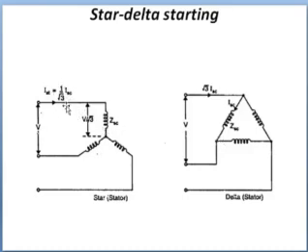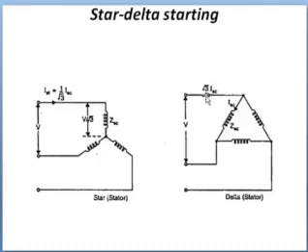So per phase current is divided by root 3. For star connection, line current and phase current are the same, but for delta connection, line current would be root 3 times the phase current. So total current is reduced by 1 by 3 times, because here we are considering phase current and line current the same. So the phase current is I. For star connected, phase current is I by root 3.